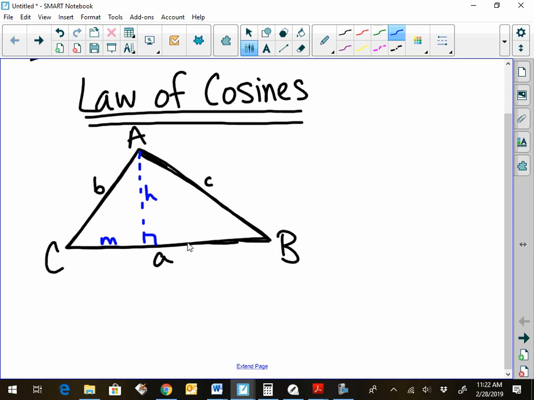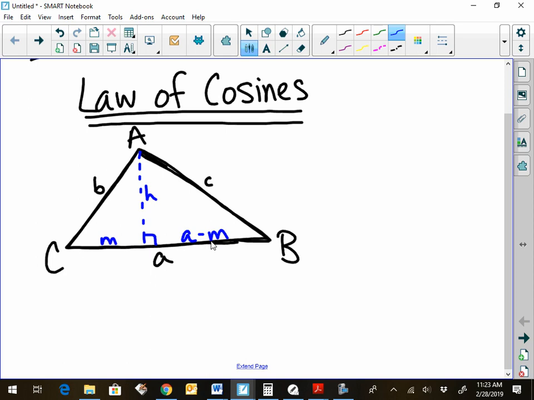And if the whole thing is a, then we can call this other part a minus M. So a minus M is from right here to angle B, and M is from here to the height.